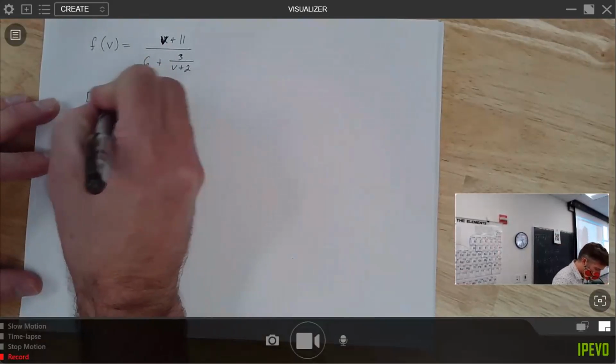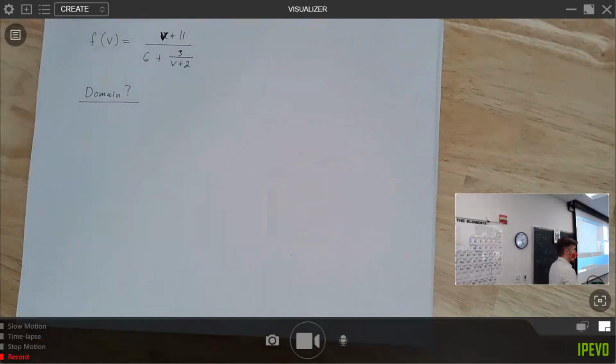Or really, the question you're asking yourself when you ask what's the domain is, what is not in the domain? What's something that's very obviously not in the domain right away? What can v not be? Definitely. -2 is not allowed, for sure.